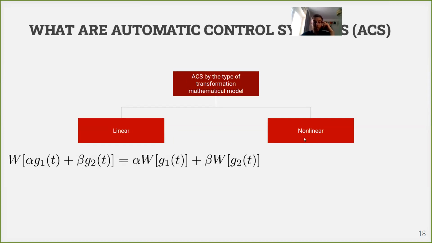And there are non-linear systems. Of course, the majority of methods which are developed work better with linear systems, which is why we always try either to linearize our system or to somehow transform it to a linear system if we have a non-linear one. But there are also methods for non-linear systems. They're just much more complex and less developed.